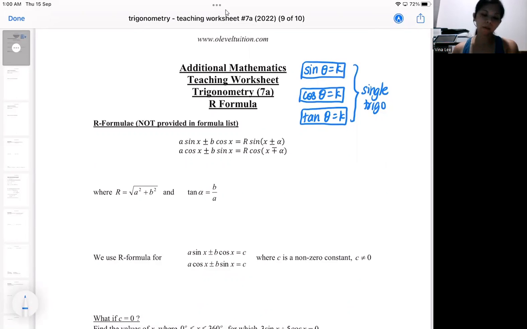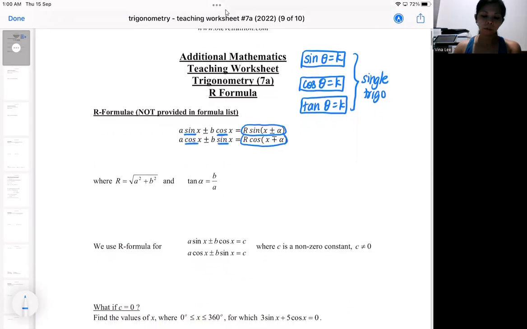The purpose of the R formula is to convert two functions. We are converting sine and cosine into a single sine function. We are also converting a cosine and sine into a single cosine function.